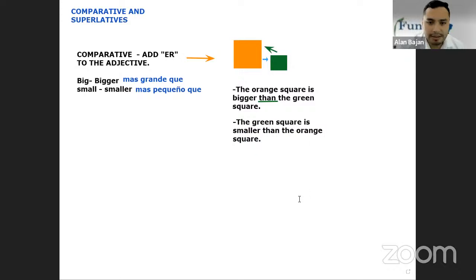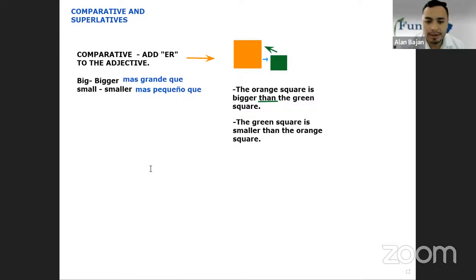So in English, we don't say more bigger, more smaller. No, that's incorrect. We use comparatives.